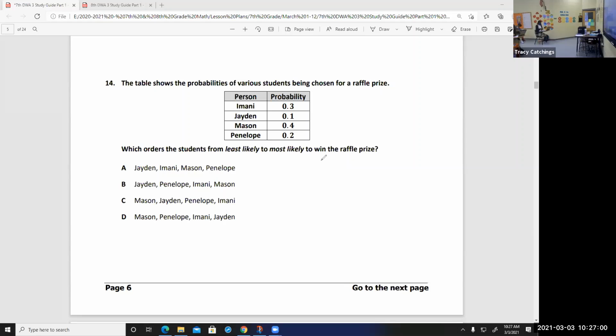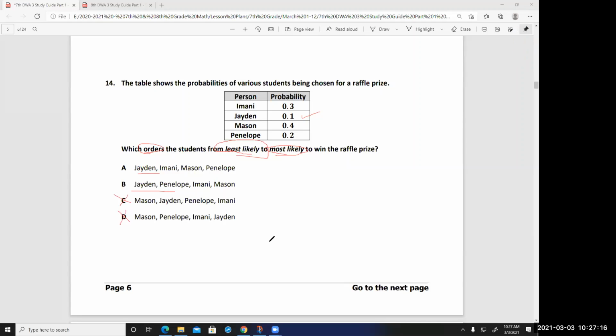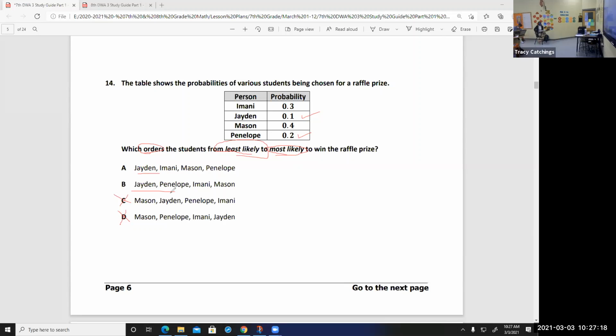Good job. All right, so they said order the students from least likely to most likely. Which one is least likely? They don't have Jaden in front, eliminated. Who after Jaden? Penelope. Good job.